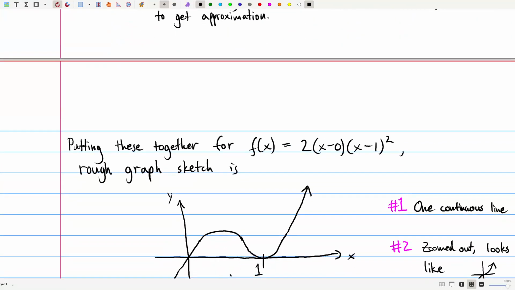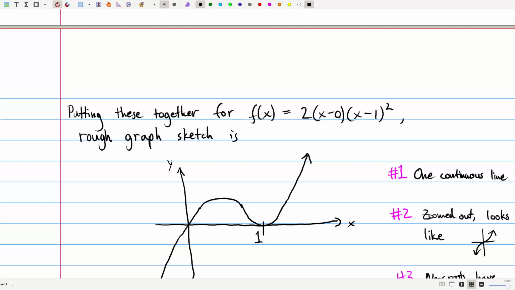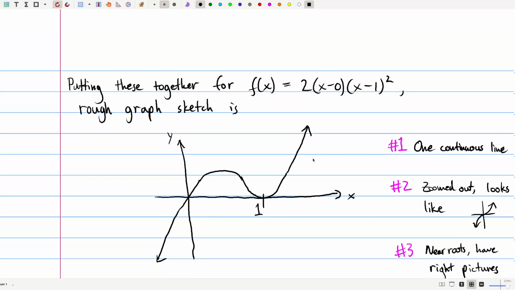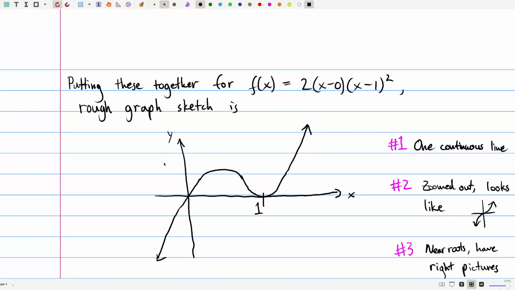So putting these together for f of x, our running example, we can get this rough sketch. How do the three big ideas play a role here? One is that it's a continuous line, so no jumps.